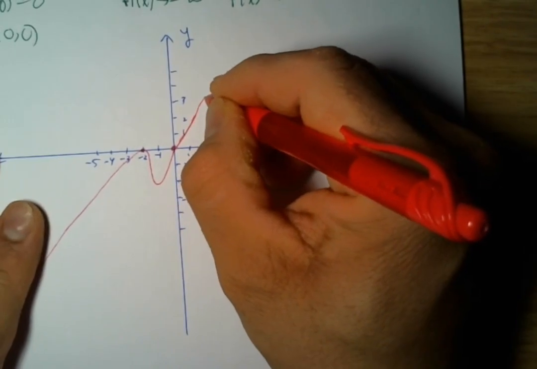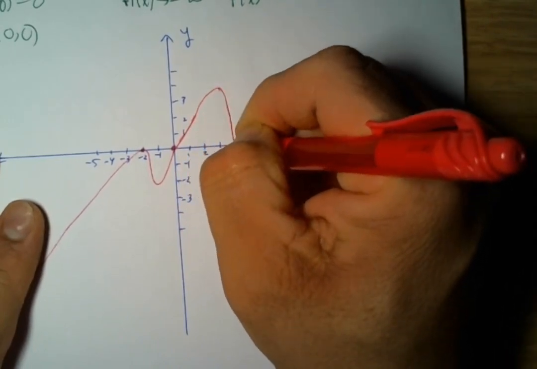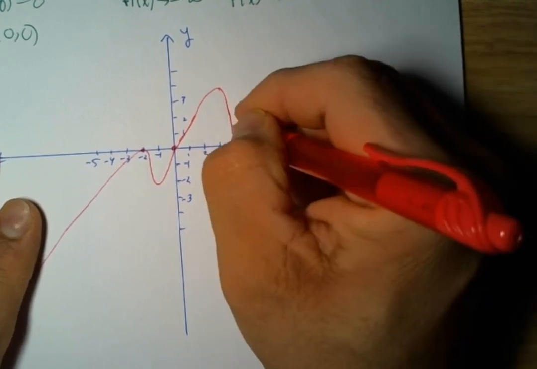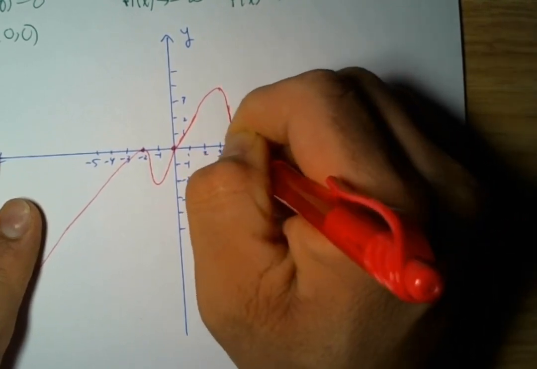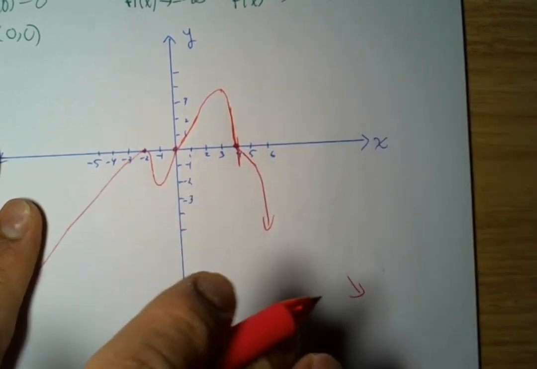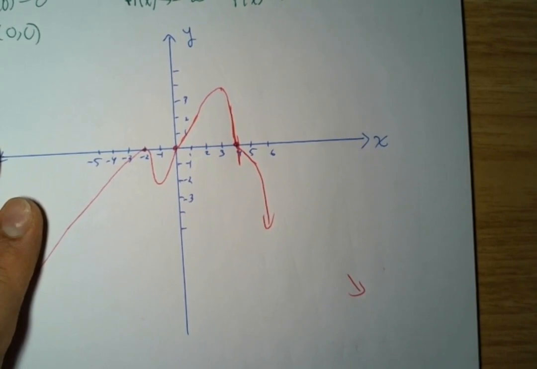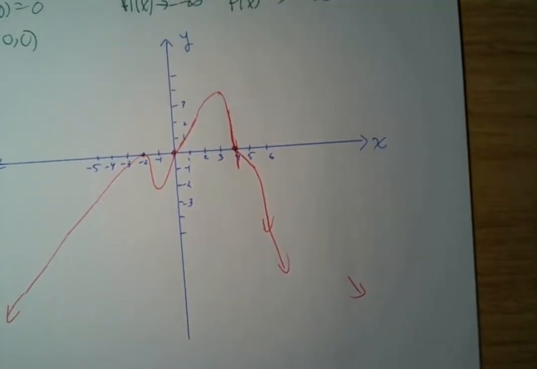Then it increases and comes back down at some point. And at 4, it kind of tapers out, not quite linear, with a little flattening out, and then goes down towards negative infinity. So it looks something like this.